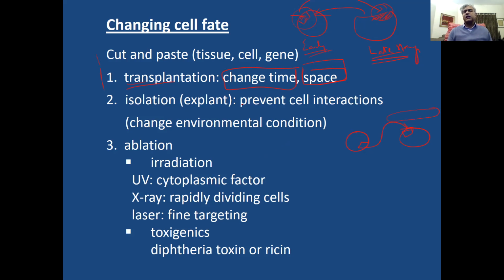Similarly, another experimental strategy is that we simply take the cells out of their natural environment. Let's say we have this embryo, we take these cells and place them in tissue culture in an artificial environment. Now, what have you done?